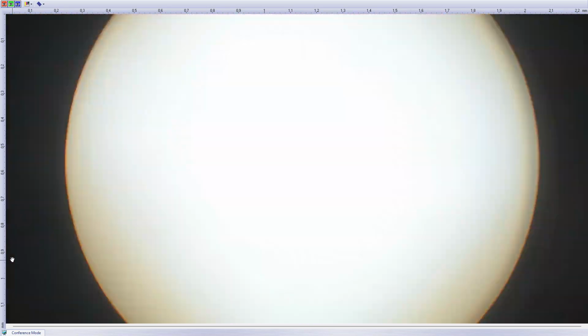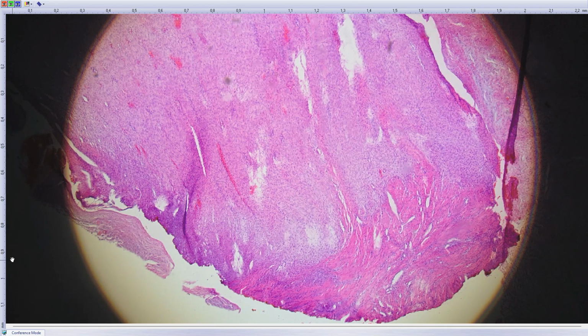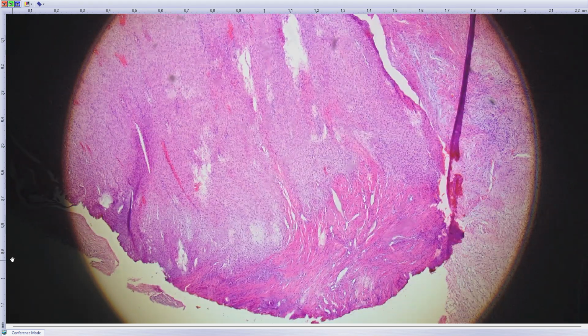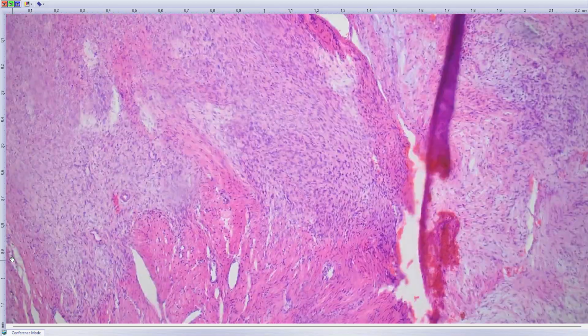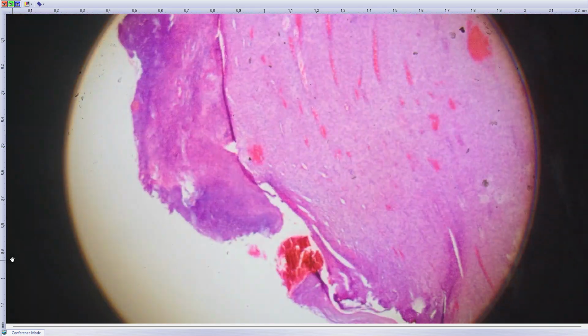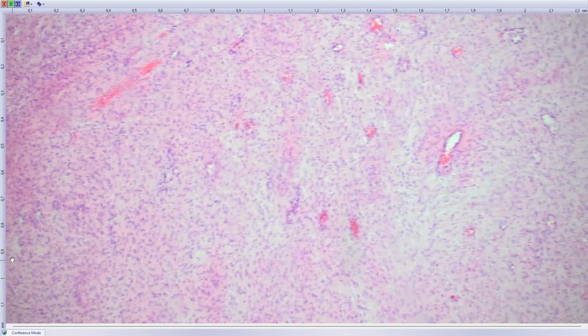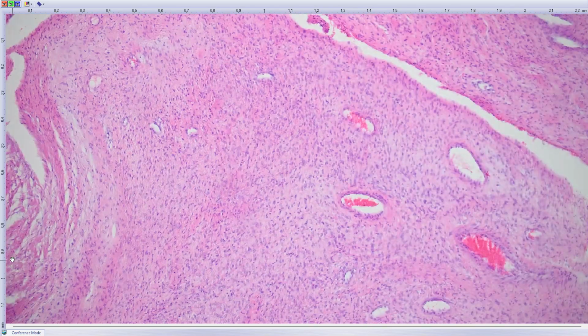So I'll show one more slide. Again, you can perhaps better see here the infiltrative nature of the tumor. Here is the smooth muscle and the penetration of the tumor in it. And here perhaps a little bit more cellular areas, but again, no overt atypia, no mitotic activity.